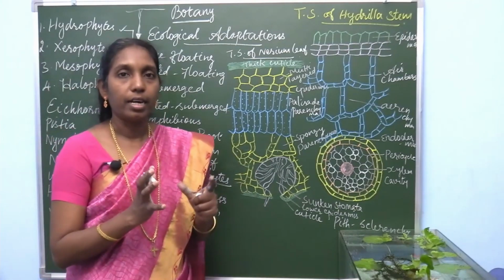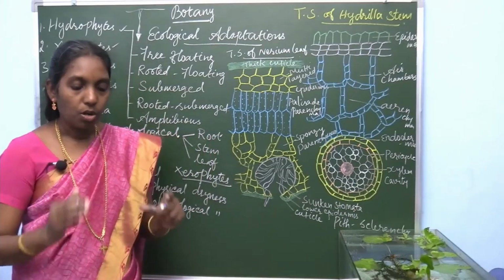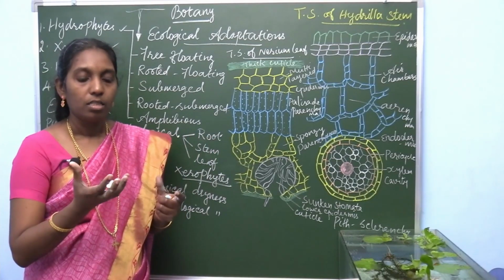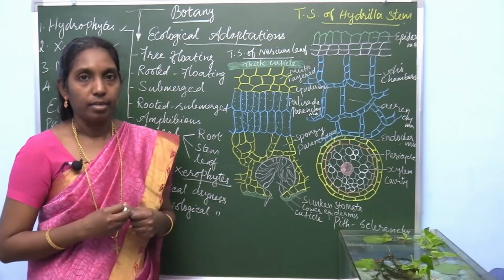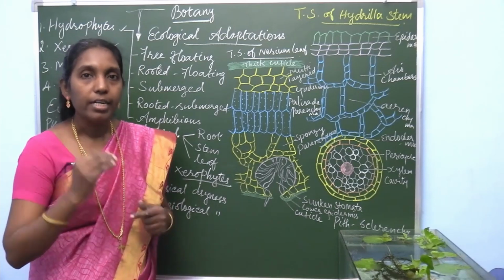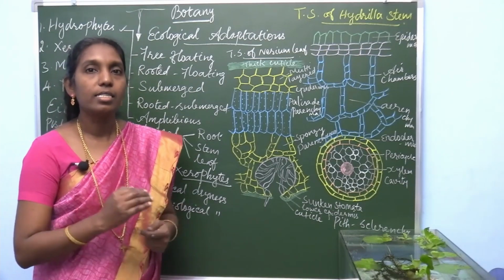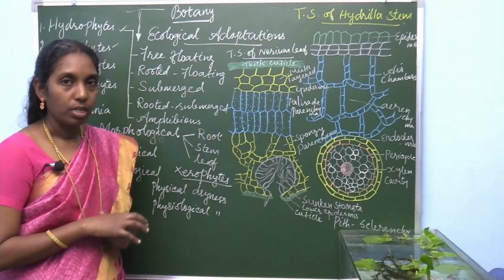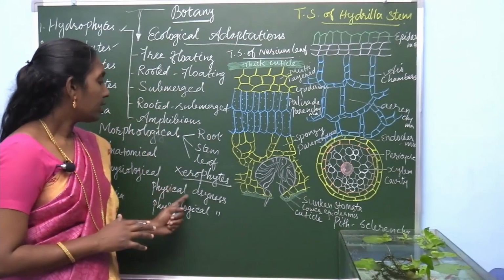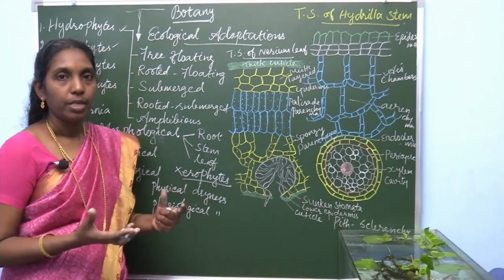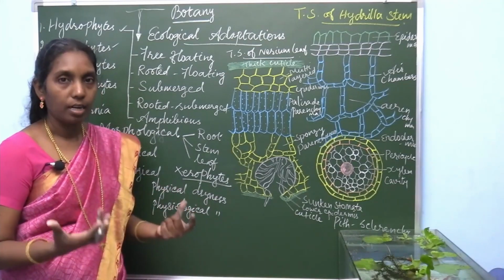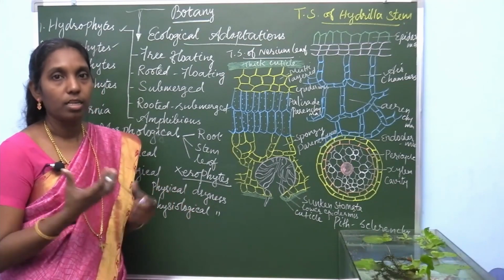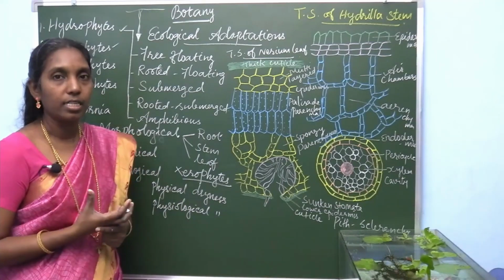In physical dryness, the soil has low water content. Because of reduced rainfall, there is less water in the soil. That is physical dryness. The soil contains less water, and the water holding capacity of the soil is less.